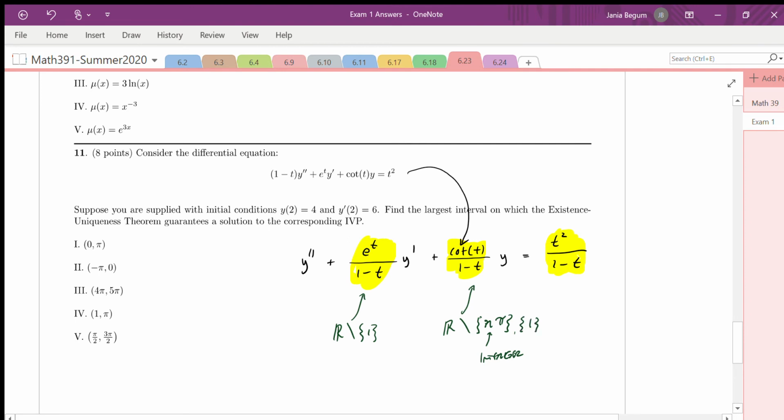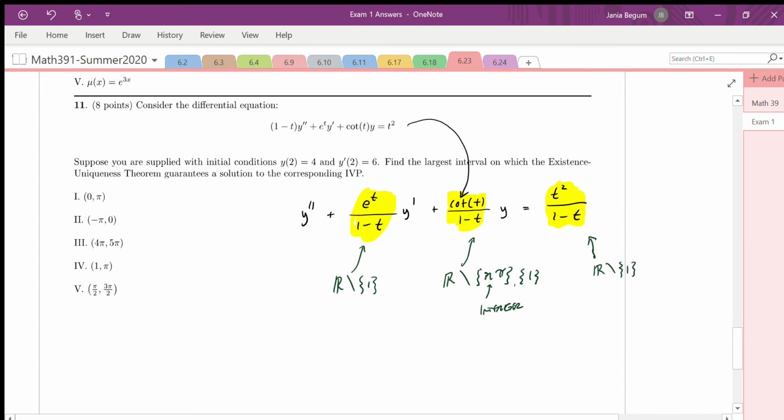t cannot equal pi times n, and also cannot equal 1. Right. So the interval should be 1 comma pi n, whichever integer you choose. Right. So this one also we take away 1. So that means our interval that we're looking at is where t naught is equal to 2.